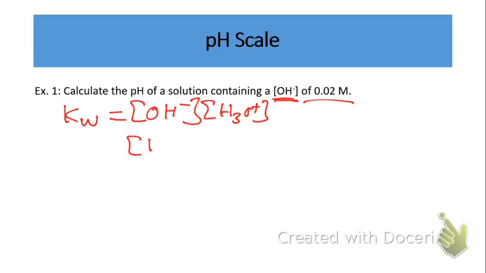Therefore, the hydronium ion concentration is equal to Kw over the hydroxide ion concentration. All right?